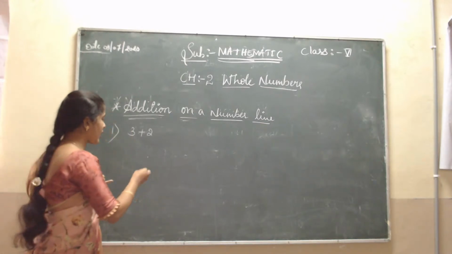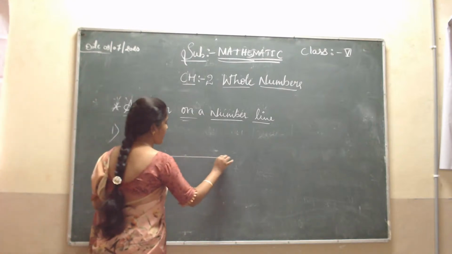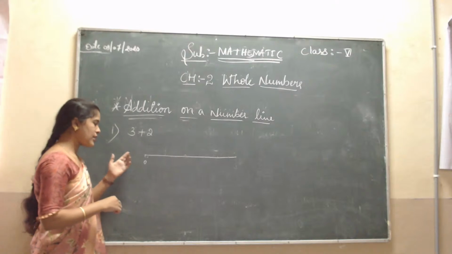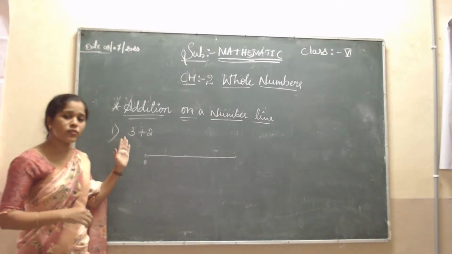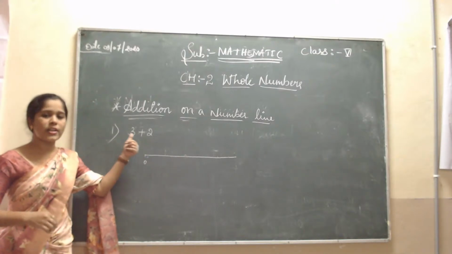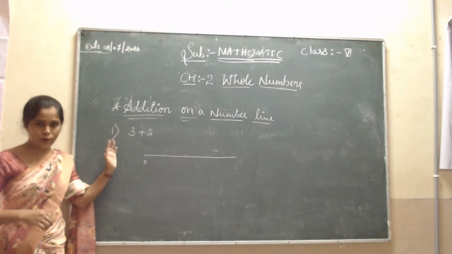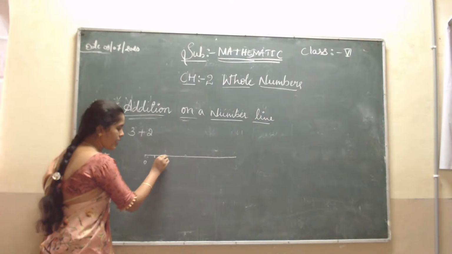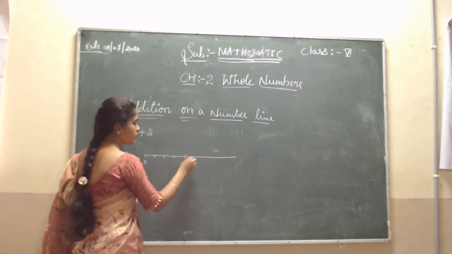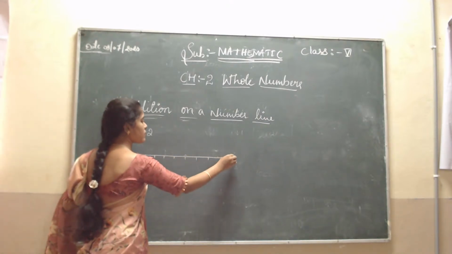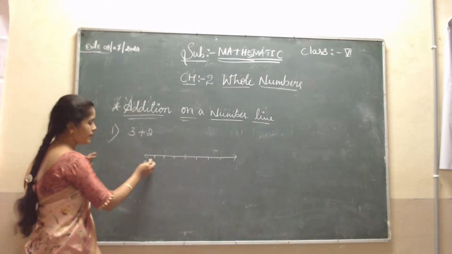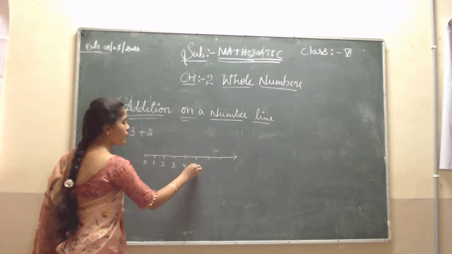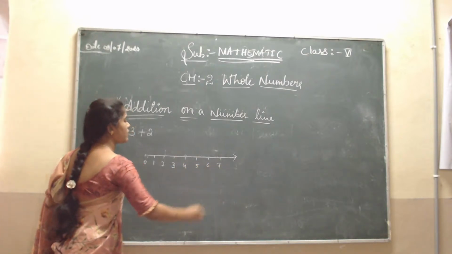But on a number line, we will see here 0. If you want to extend, you can, but we don't want negative signs here because both numbers are positive. So from 0, take equal distances: 1, 2, 3, 4, 5, 6, 7.